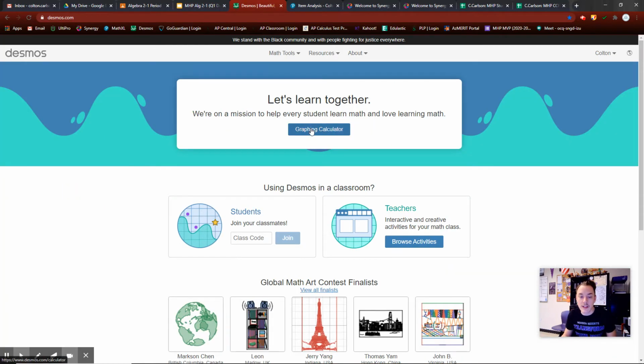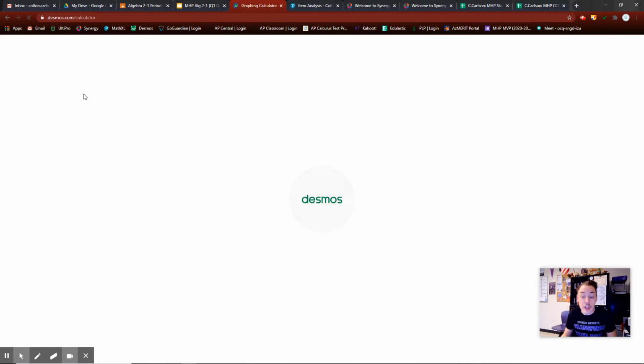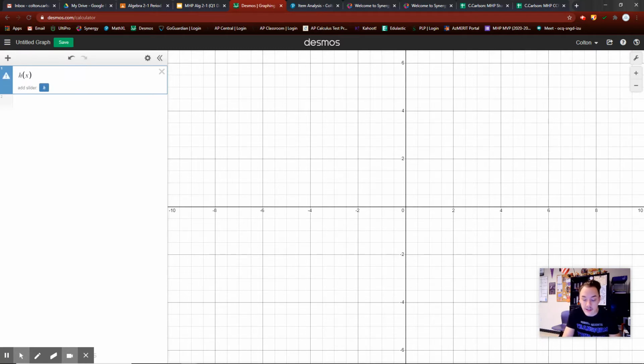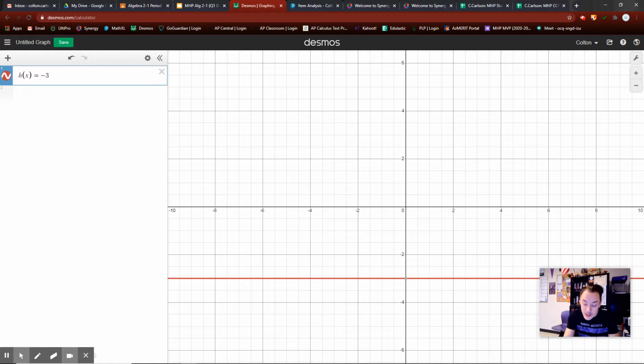So go to your wonderful Desmos calculator, hit graphing, and you're going to go over here. You can even type in literally everything you see, even h of x, which is what I'm going to do. h of x equals, and then you have -3, the absolute value. Remember that button, if you hit shift, and then the button right underneath the backspace button, that will give you absolute value.